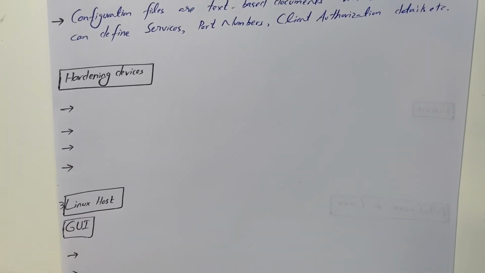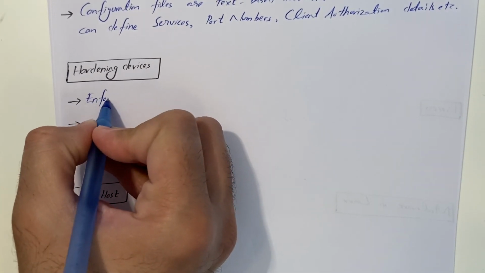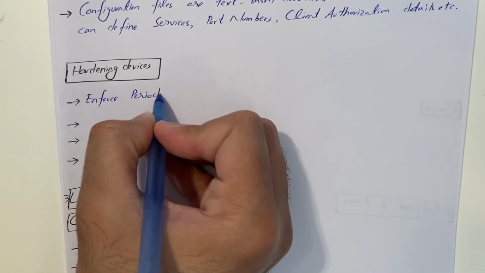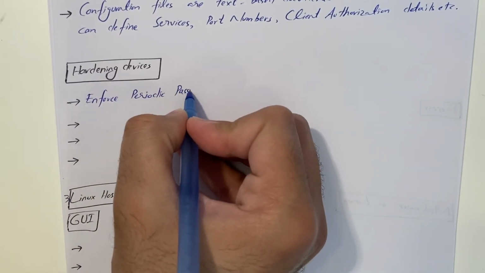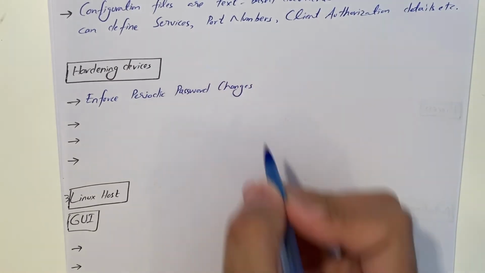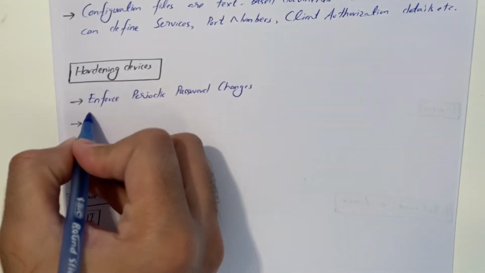If you want to make your devices harder, of course there are a few suggestions. One is enforce periodic password changes. You need to make your employees change their password every 180 days or 90 days or something like that.